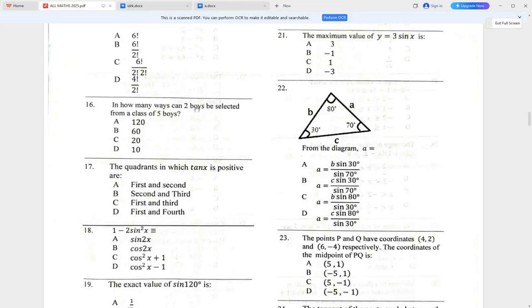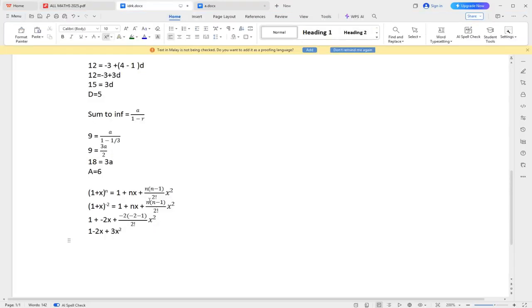Question 16: in how many ways can 2 boys be selected from a class of 5 boys? This has to do with combination, and for the formula for combination, n is equal to the number of items. You have 5 items, and you are selecting 2 boys, so R is 2.